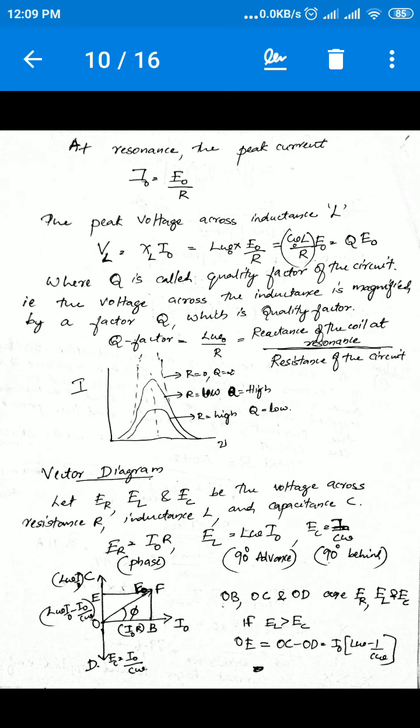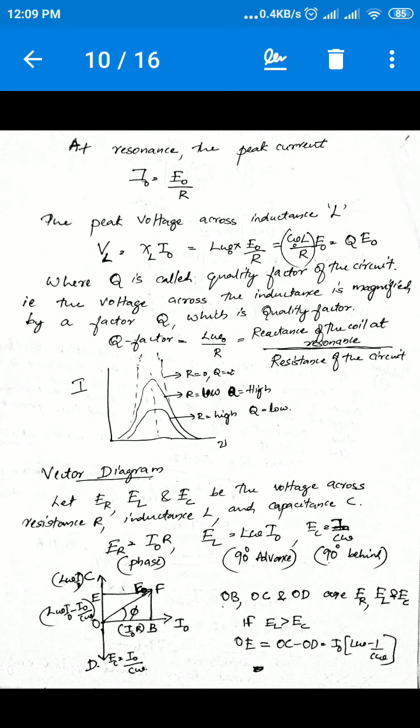It is a different kind of factor used in this circuit, which we normally call the quality factor of the LCR circuit. If you are given an LCR circuit, underneath it will be written what the quality factor is.